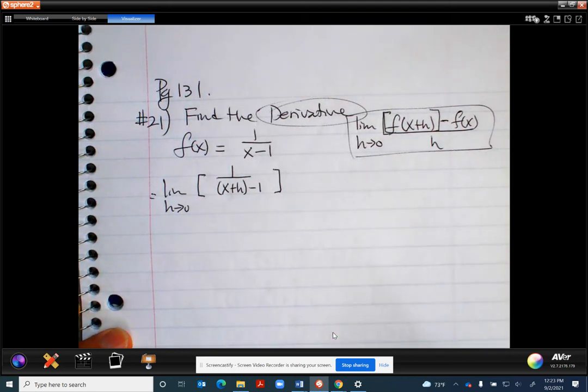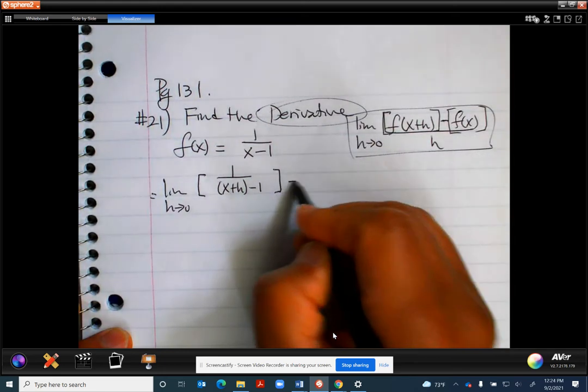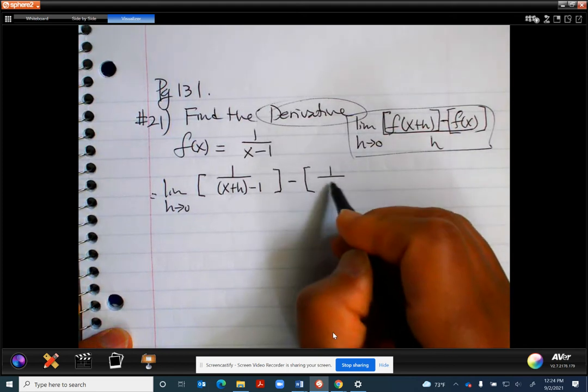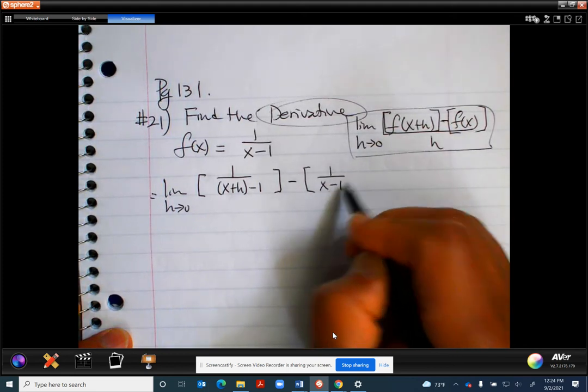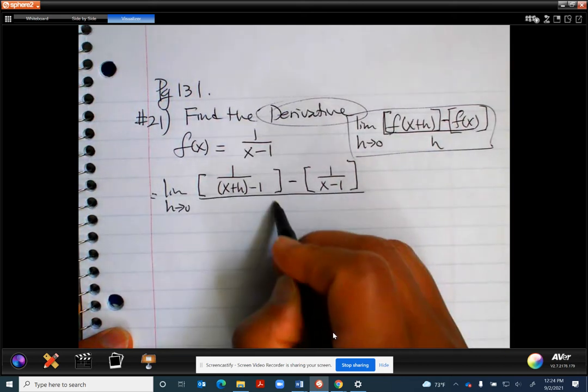Okay, how many of you guys see that? That's hard to see. Stay with me again. What's the second bracket right there? Minus bracket 1 over x minus 1. And then all over h.